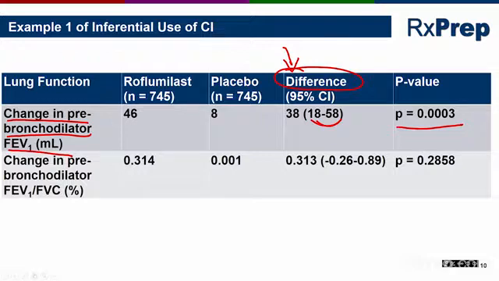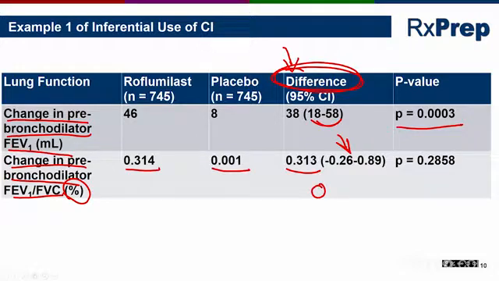Next example, change in pre-bronchodilator FEV1 over FVC in terms of percentage. Again, we're going to look at the difference. So 0.314 minus 0.001 gives us 0.313. But we're looking at the confidence interval here to determine if it's statistically significant. We have difference data, so we're looking for 0.